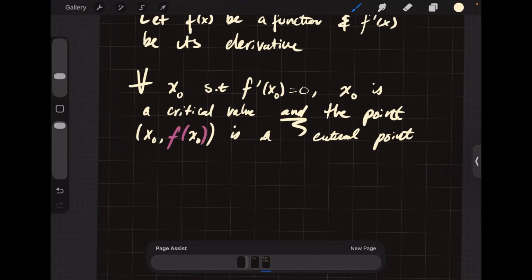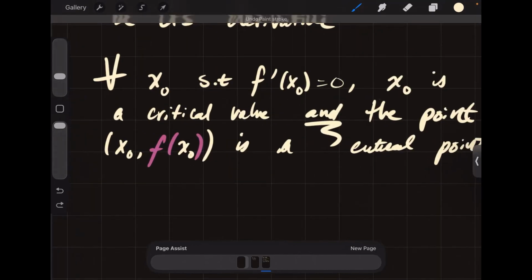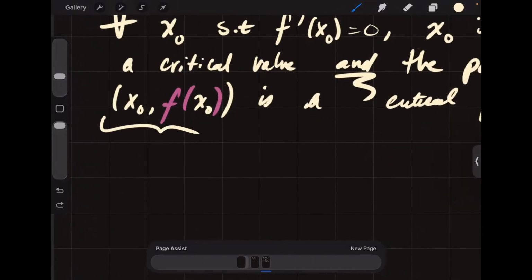You might see me use this whole thing and just the x naught interchangeably as critical point, but usually when we say critical point, we want it as an ordered pair.